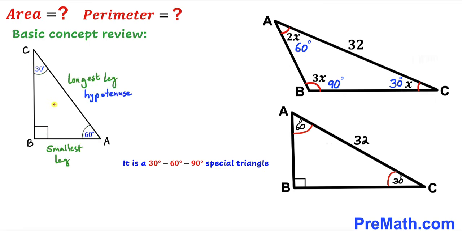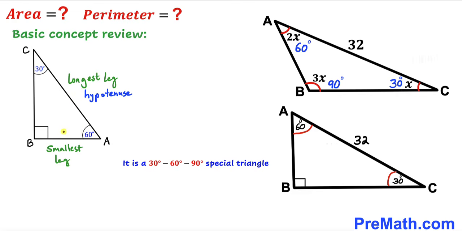So the side opposite to this smallest angle is going to be our smallest leg, and we know this is our largest angle, 90 degrees. So the side opposite to that angle is going to be our longest leg, that is also called the hypotenuse. In such a special 30, 60, 90 triangle, the longest leg is always twice the smallest leg.